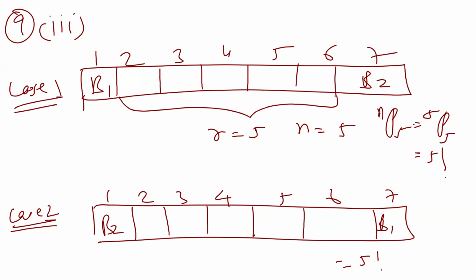So let us go to question number 11. Just don't do question number 10 right now. Go to question number 11. 8 chairs are numbered from 1 to 8. 2 women and 3 men wish to occupy 1 chair each.